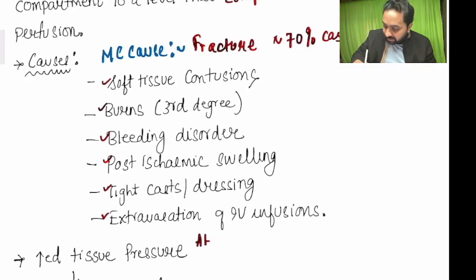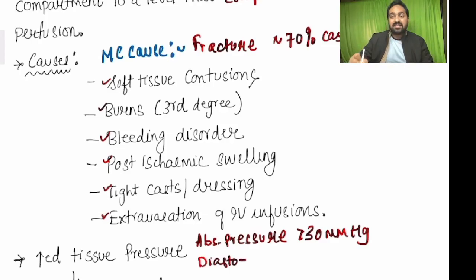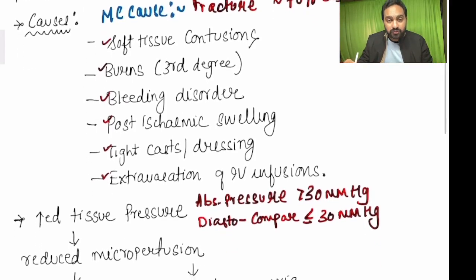Basically, it is an absolute pressure which is more than 30 mm of Hg, or we talk about the diastolic minus the compartment pressure, which should be less than or equal to 30 mm of Hg, and this is generally taken as the threshold pressure level.